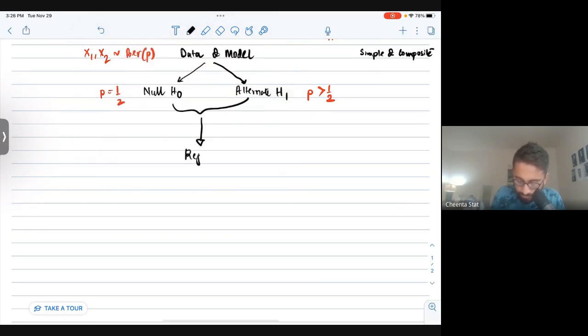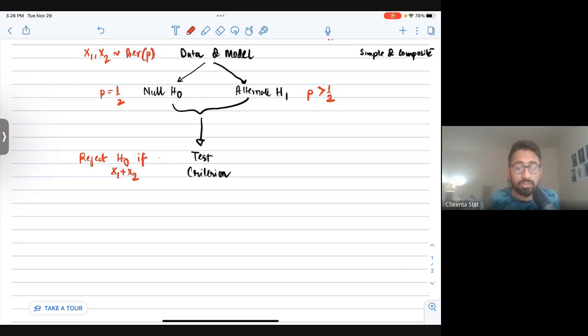Now this is what is called the rejection criterion, or test criterion, you can say. Now what exactly is the test criterion? One example is, reject H naught if X1 plus X2, the total number... what is X1 plus X2?